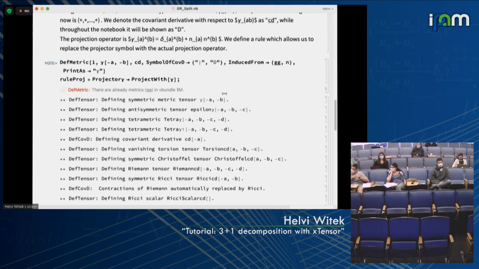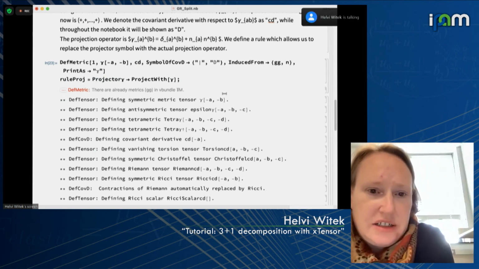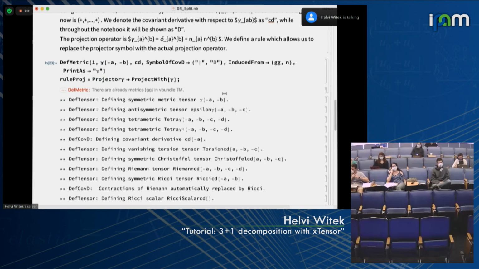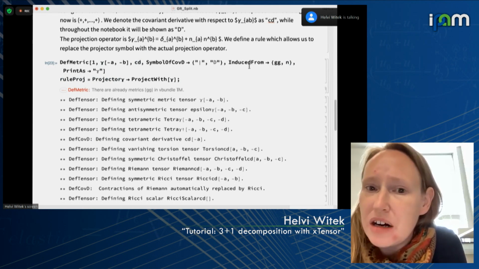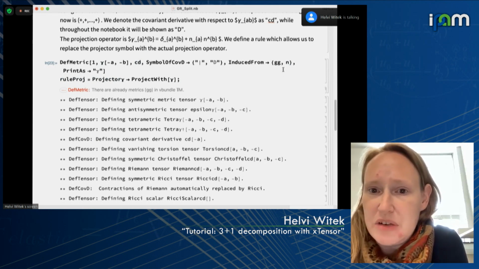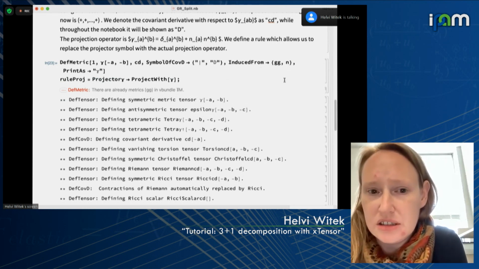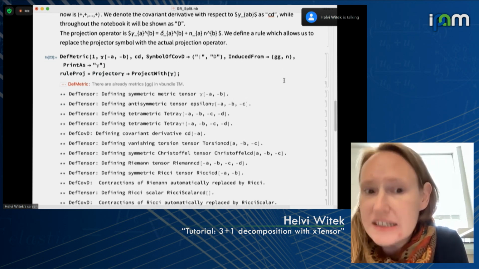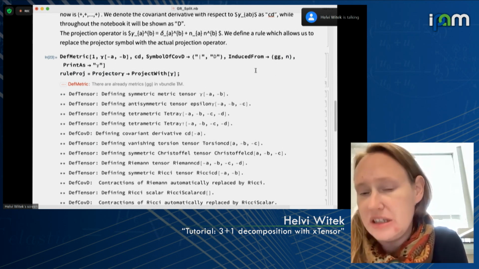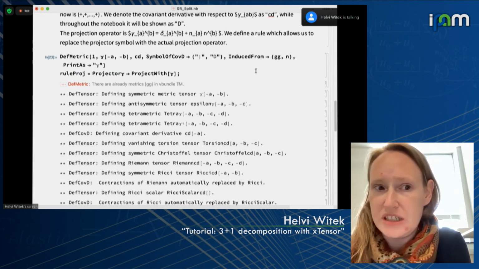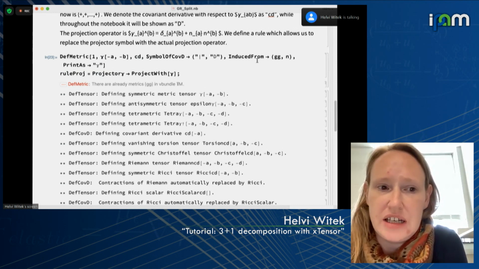Yes, it's considered an induced metric, so it actually knows about the relation between our 4-dimensional spacetime metric G, this induced metric gamma, and the normal vector. It's still considered a metric, so you can use it to raise and lower indices of quantities that are defined with respect to this metric. We will see a couple of examples of that later on.